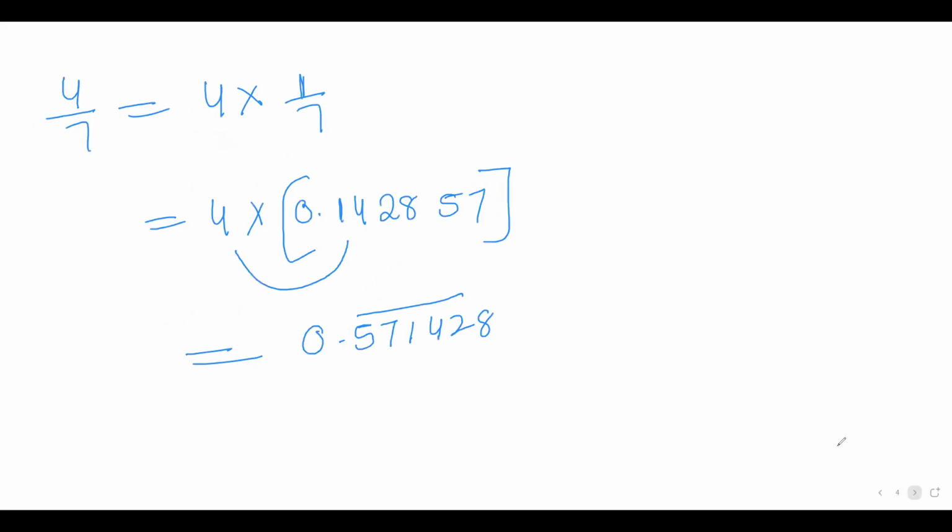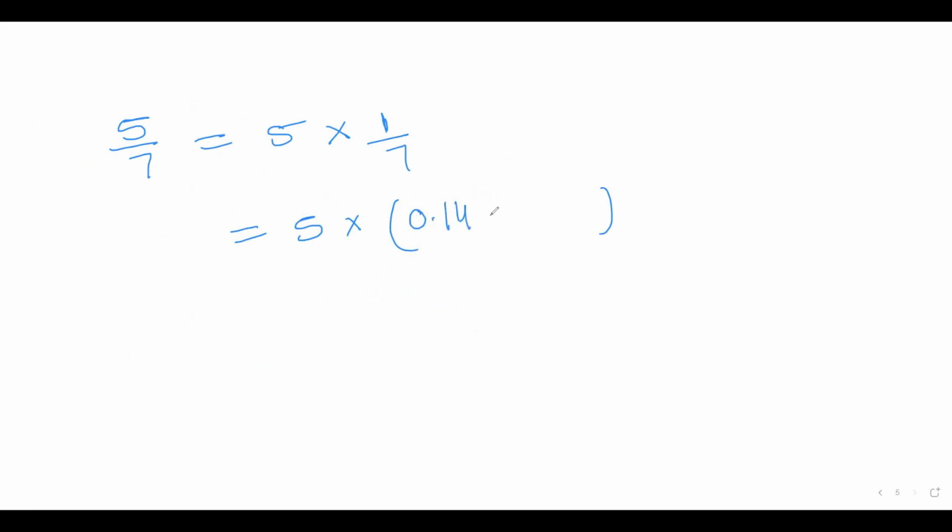Now 5 by 7. 5 by 7 can be written as 5 into 1 by 7, and we have 1 by 7 value with us, and the 1 by 7 value is 0.142857. On multiplication, we get 0.714285 bar. Don't forget to put the bar.